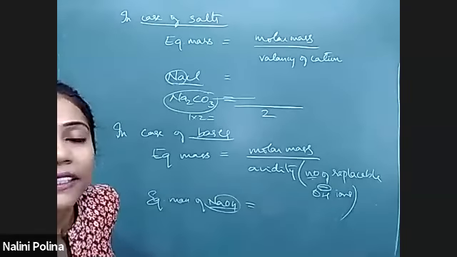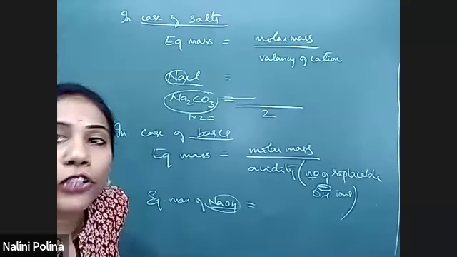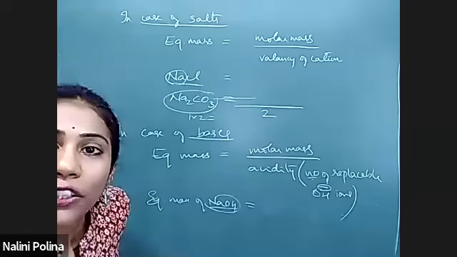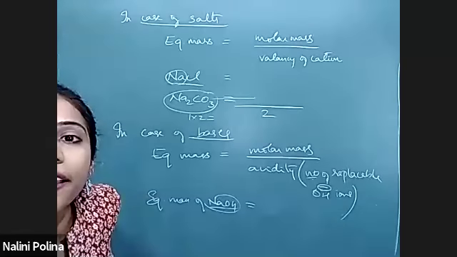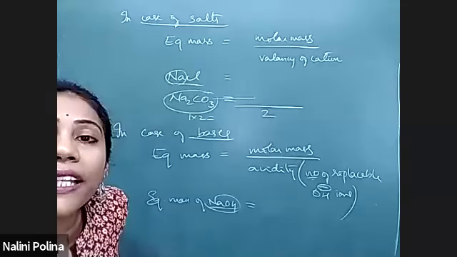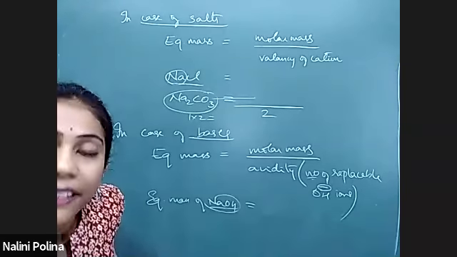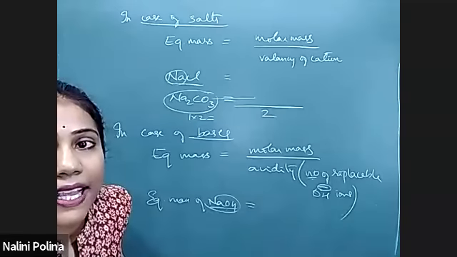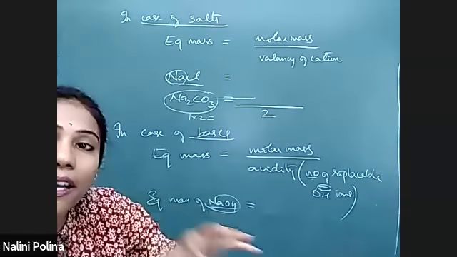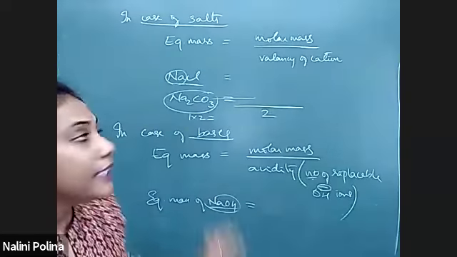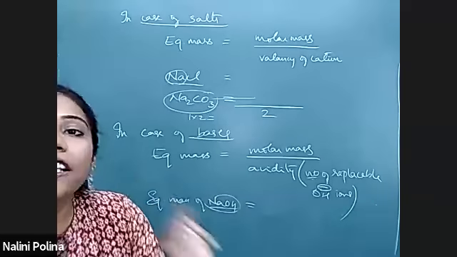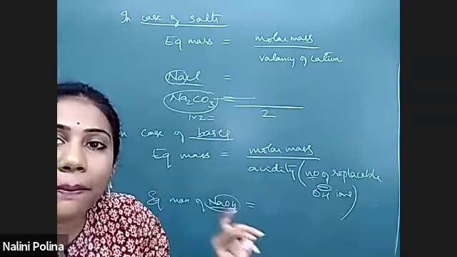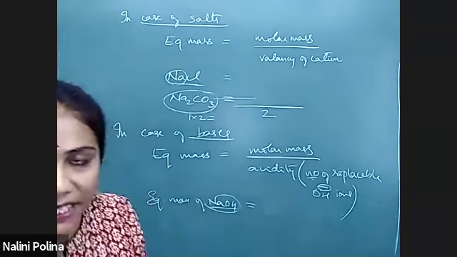Okay, fine. So this is all about normality. For normality you definitely need equivalent mass, right? If it is atoms or elements, equivalent mass is calculated by atomic mass divided by valency. If it is an acid, equivalent mass is molecular mass divided by number of H plus ions.